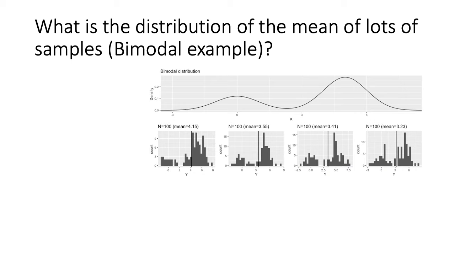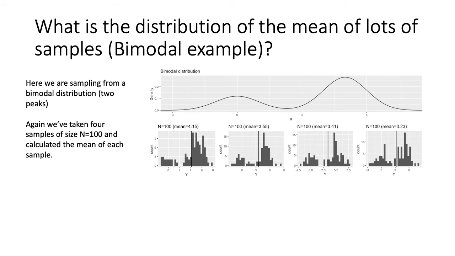Well, as the final example for this section, I just want to show you what happens if we start with a bimodal example. So here we've got a bimodal example, so there are 2 peaks in this particular case, and we can see when we draw the samples that again we've got some of the activity centered around 0 and some of the activity centered around 5, representing the 2 peaks of the bimodal distribution.